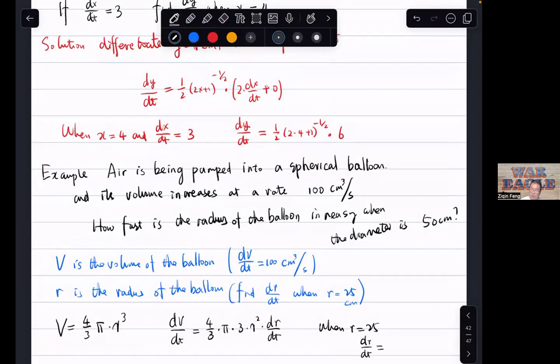This is 100 over 4/3 pi times 3 times 25 squared. So this is the rate of change of the radius when the radius is 25. That's basically how we solve this problem.